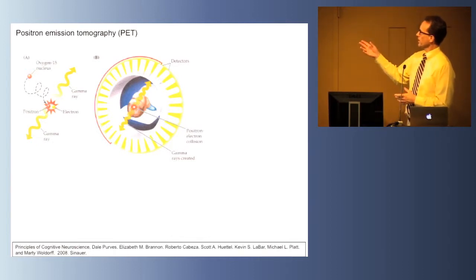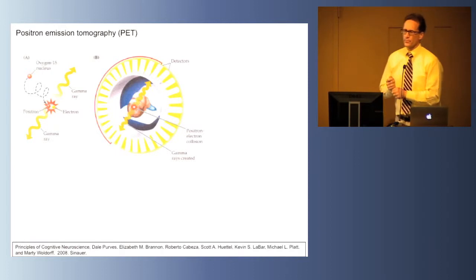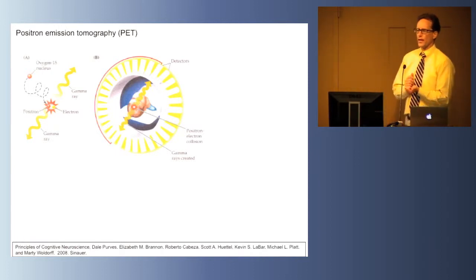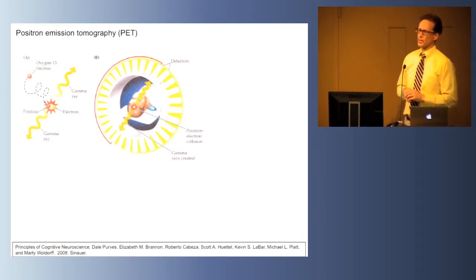They're lying in an array of detectors. The positron is emitted through radioactive decay, and it happens to have the physical nature of having two particles go in opposite directions with equal velocities. So by having an array of detectors situated around the head, it's possible to know where that positron came from.